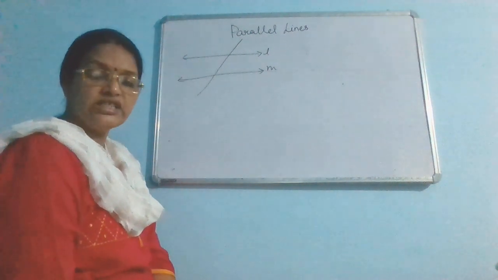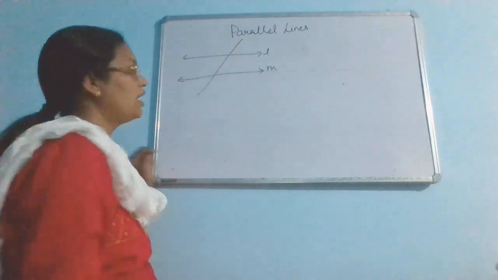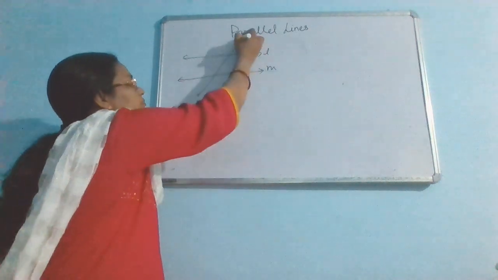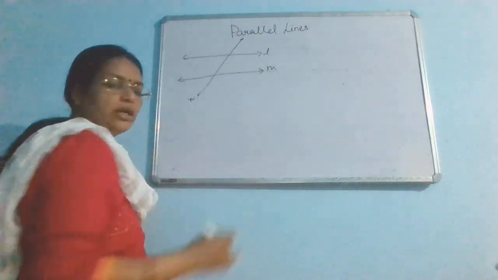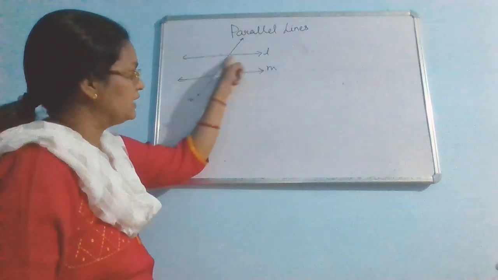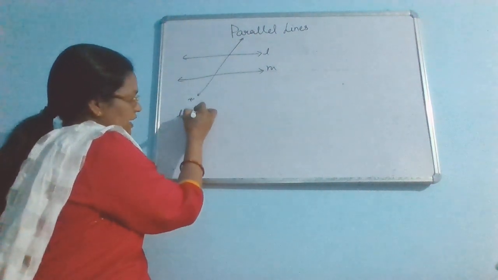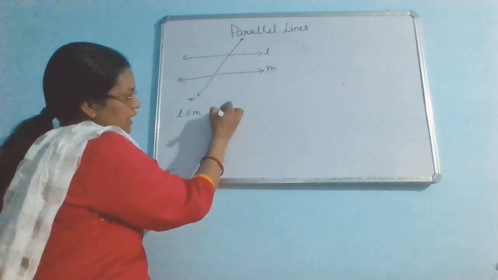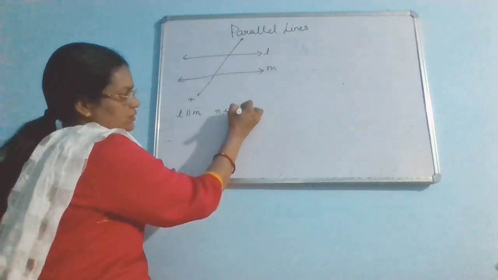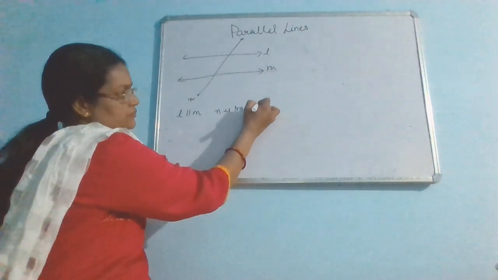Let its name be N. So L is parallel to M and N is the transversal. We write it like this.